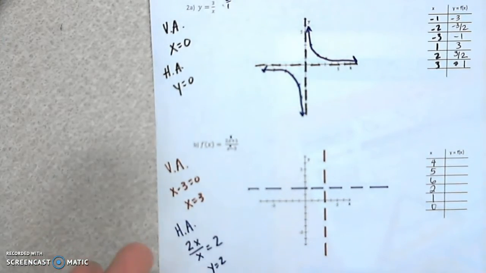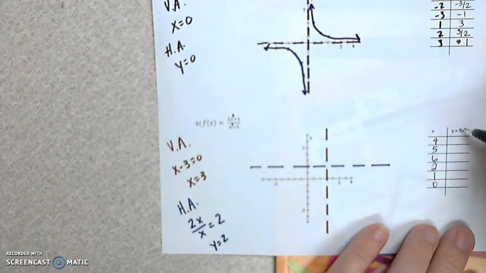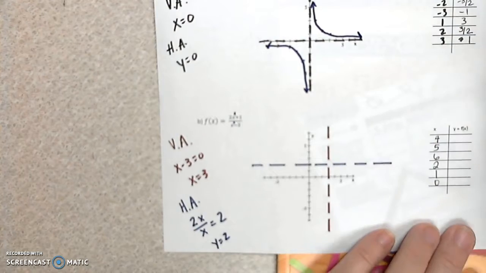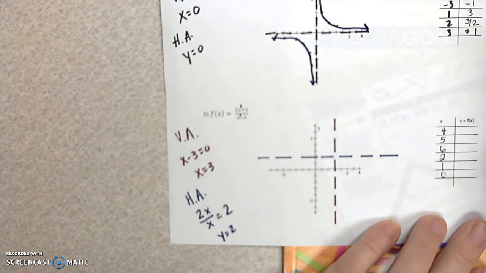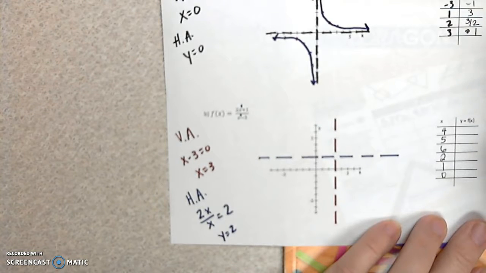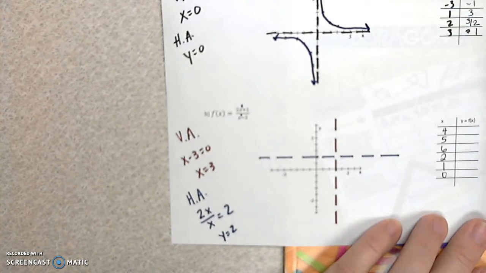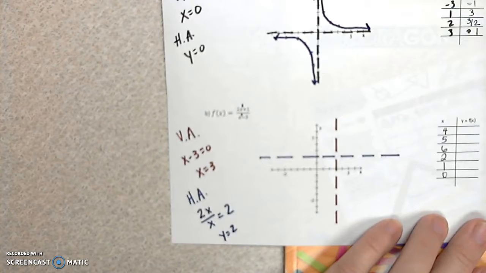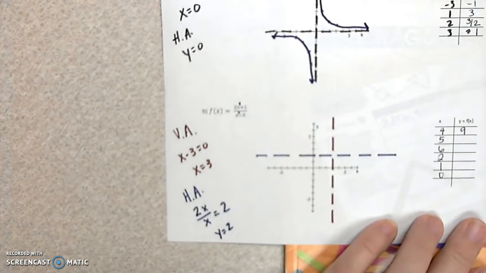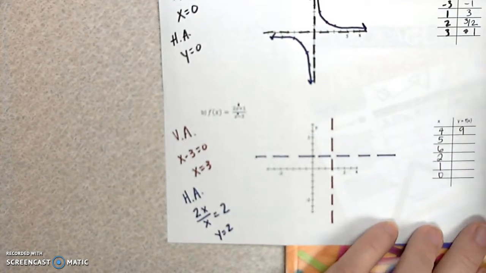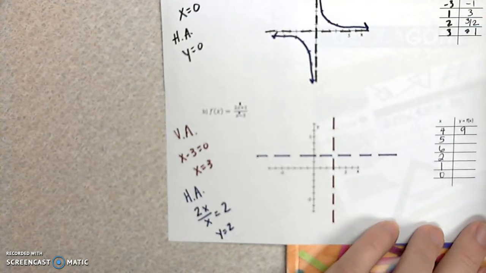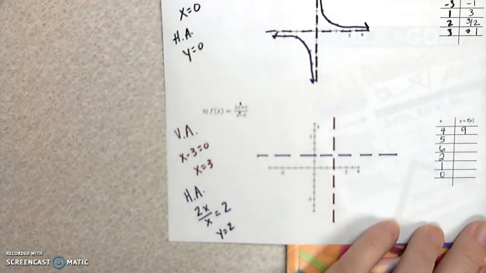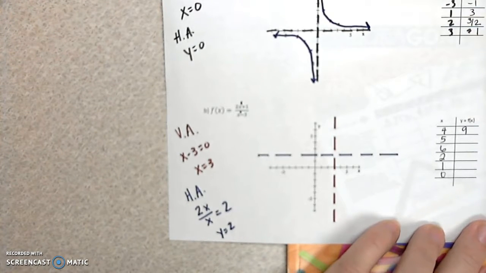Then I'm simply going to fill those into my function to find out what the y is. So if I fill in a 4, that would give me 9 over 1, which is 9. Alright, and then if I fill in a 5, that would give me 10 plus 1 over 2, which is 11 over 2.